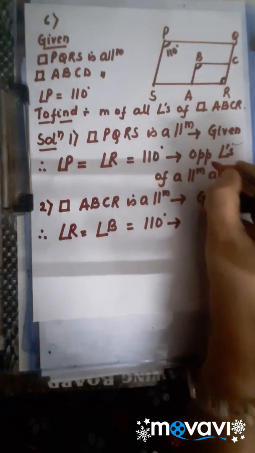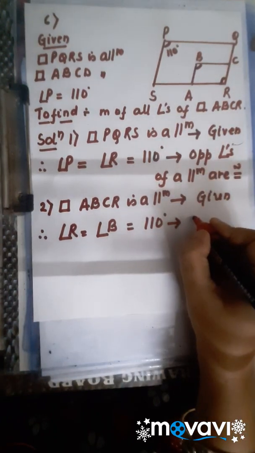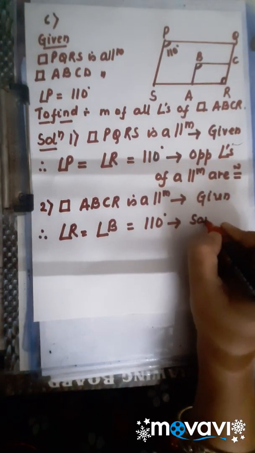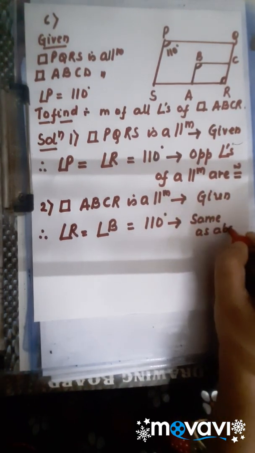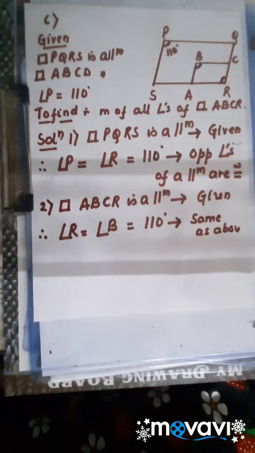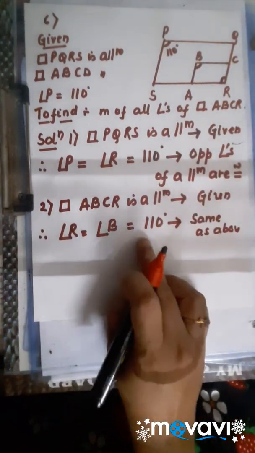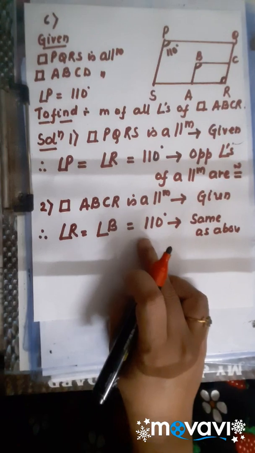What is the reason? The reason is opposite angles, same as above, that the opposite angles of a parallelogram are congruent. Therefore, R is equal to B is equal to 110 degrees.